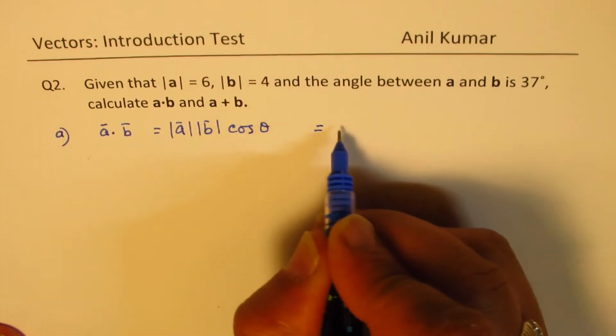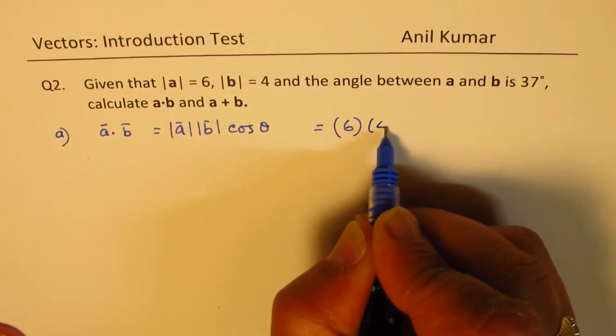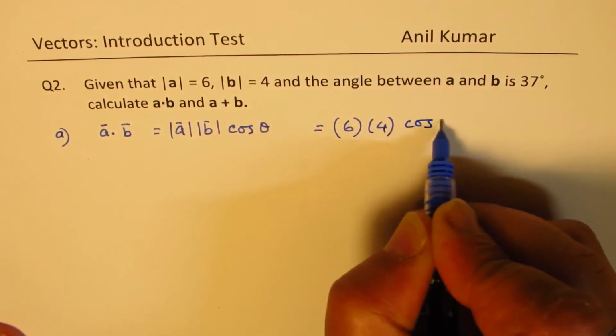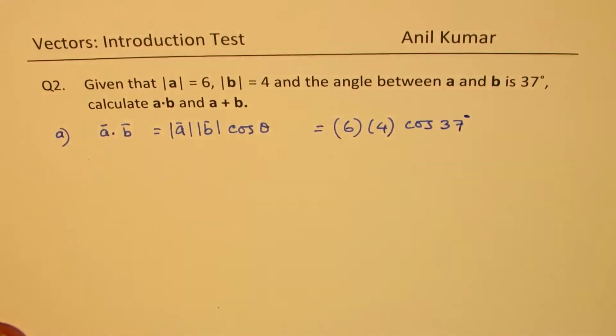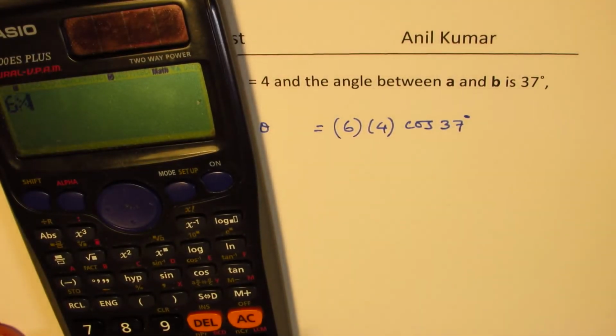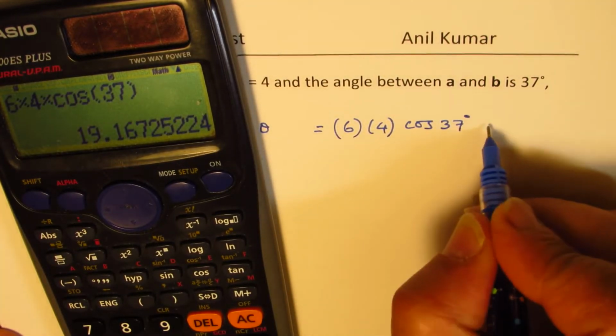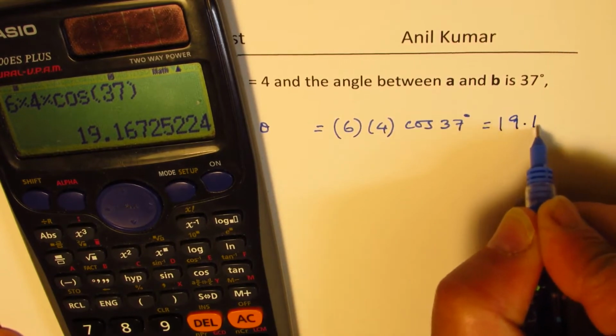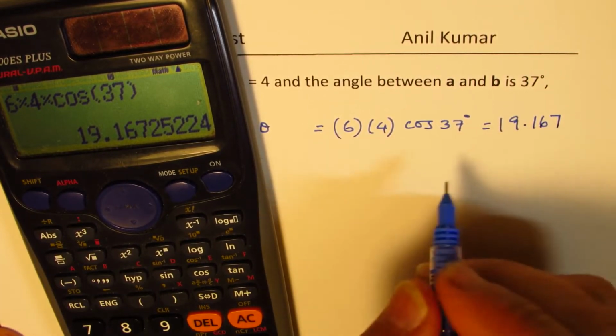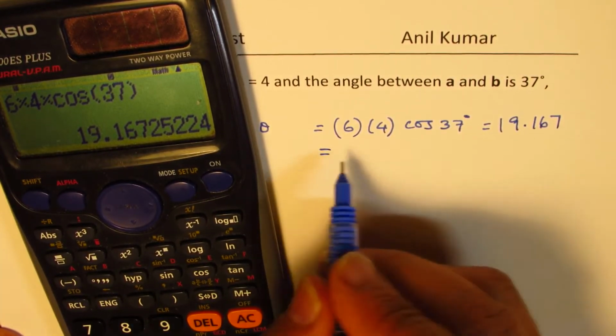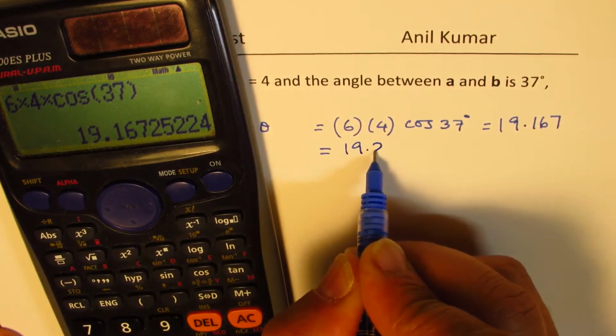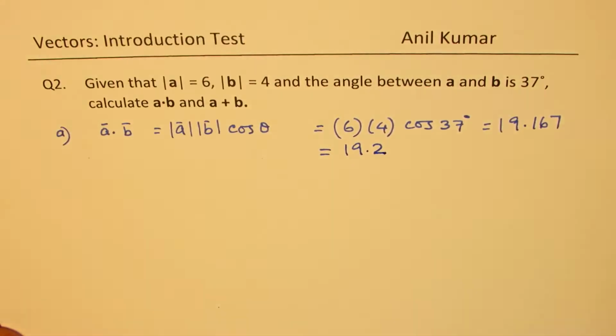So we can write this as 6 times 4 times cos of 37 degrees. Correct? Now let's calculate. That gives you 19.167, right? Which you could round as, let's say, 19.2. So that becomes your dot product.